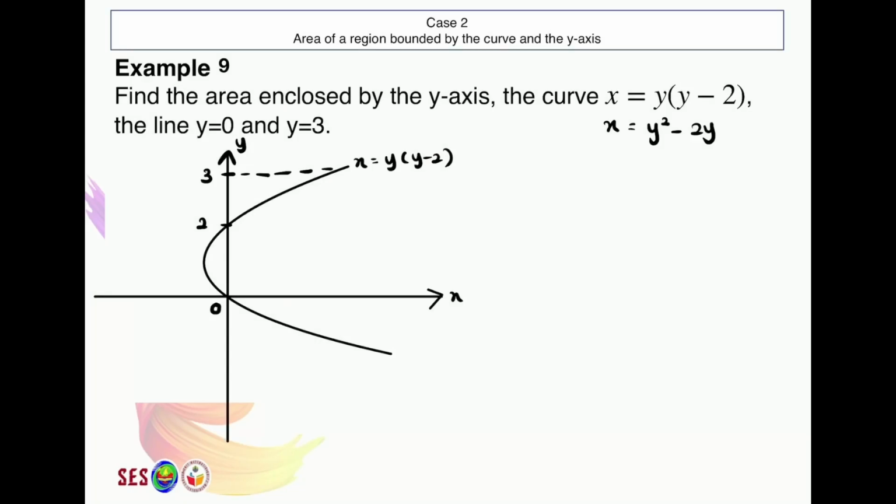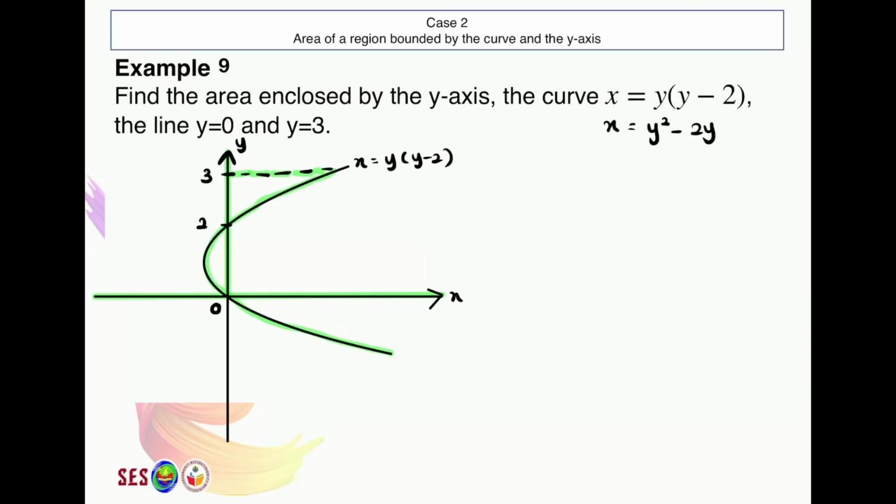Let me just highlight our boundaries to determine the area enclosed by the boundaries. This is the line y equals 3, this is the curve, and we have another boundary at y equals 0, and also the y-axis.